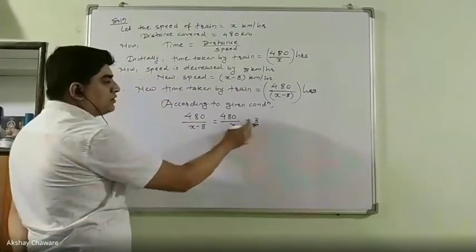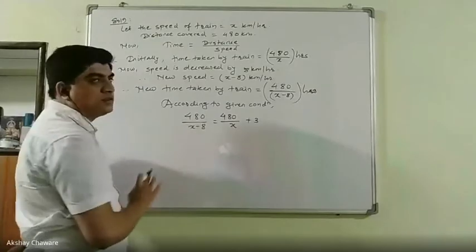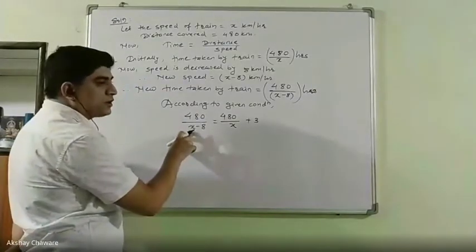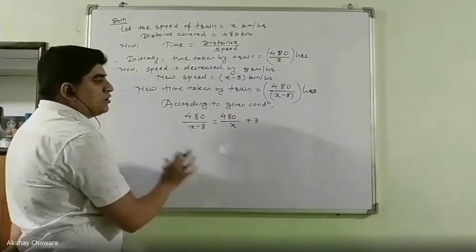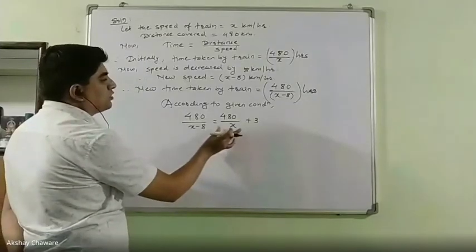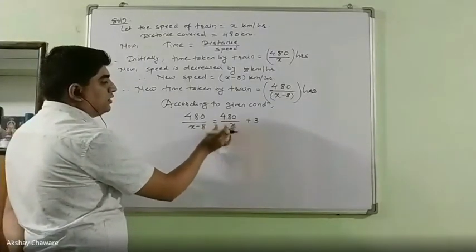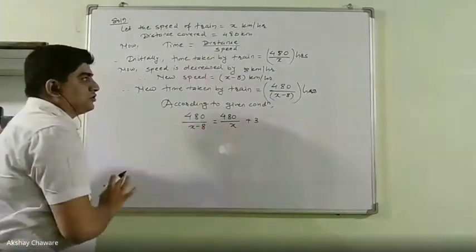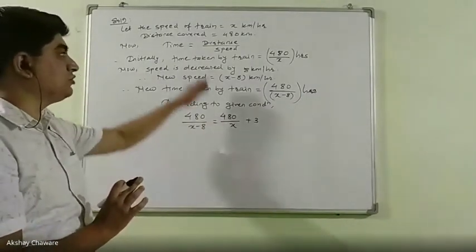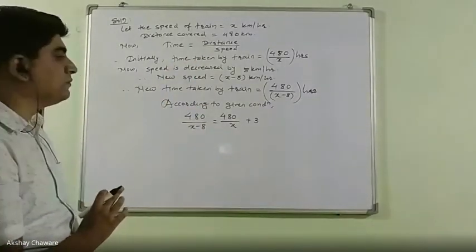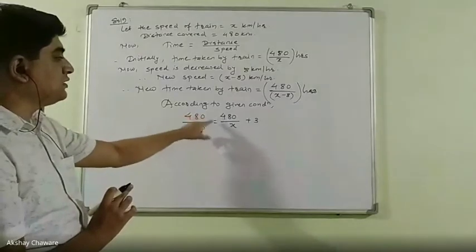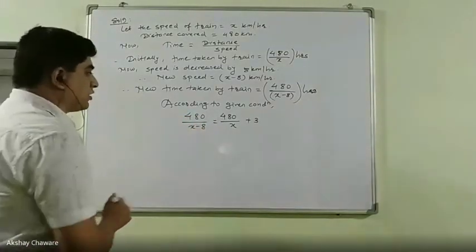If we add 3 hours to the original time, we will get this new time when the speed is decreased by 8 kilometer per hour. So this is the very important equation, the mathematical equation reduced from the given condition. Then if we solve this equation, we will get a quadratic equation.